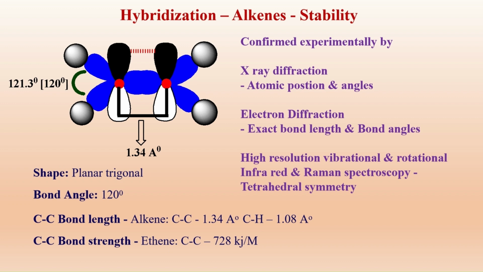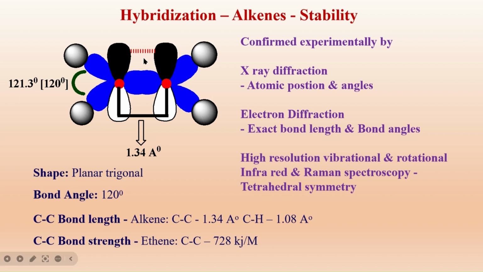Overall, it has a trigonal shape with a bond angle of 120 degrees, a carbon-carbon bond length of 1.34 angstrom units, and a bond strength of 728 kilojoules per mole. This is all about the hybridization of carbon in alkenes.